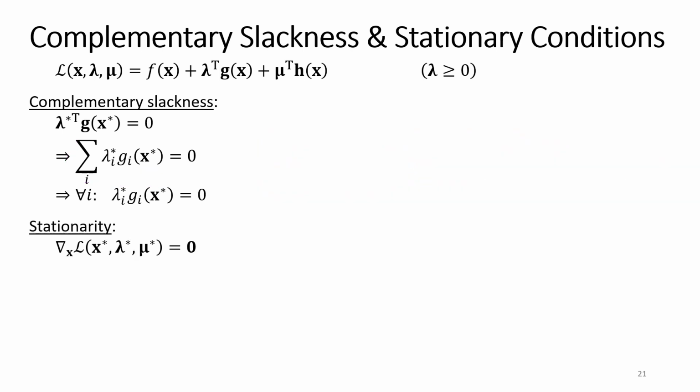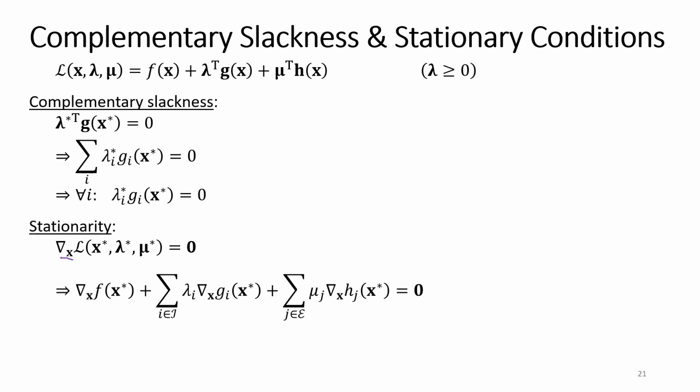Then we have the stationarity condition, which says that the derivative with respect to the variable x of the Lagrangian, that is, the gradient of the Lagrangian, must be equal to 0.